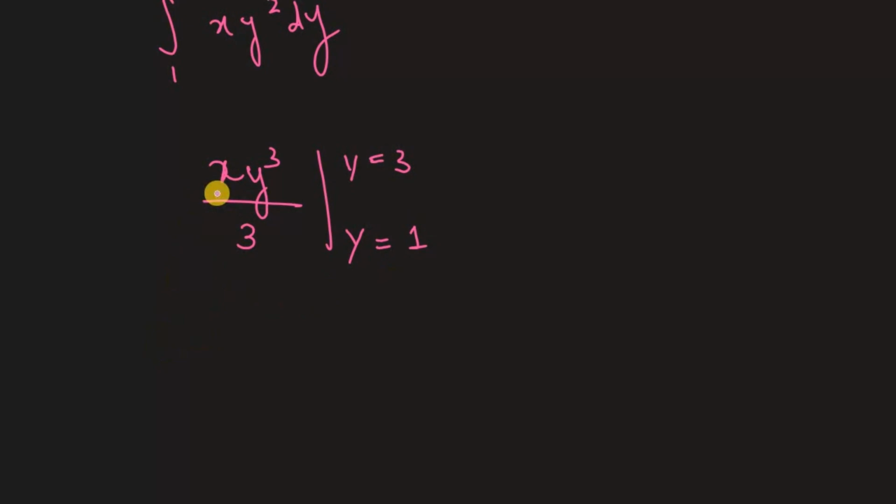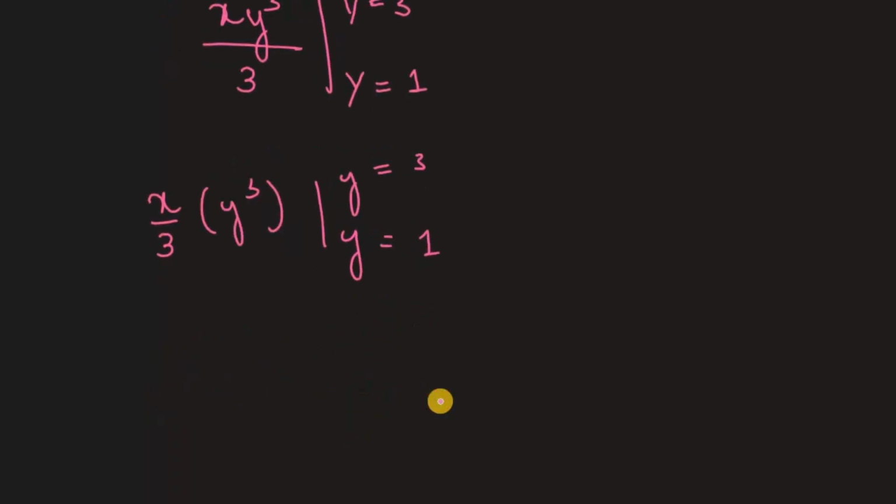So x over cube, these are just constants, so we can just factor them out and write it like this. Now our job becomes easier, and we just need to plug in. The last time, I skipped this step and directly put it inside, so I'm writing it here for those of you who don't understand it.